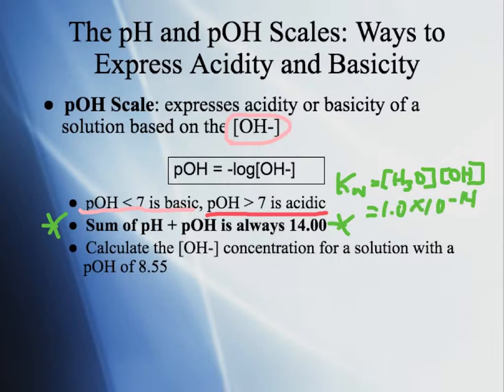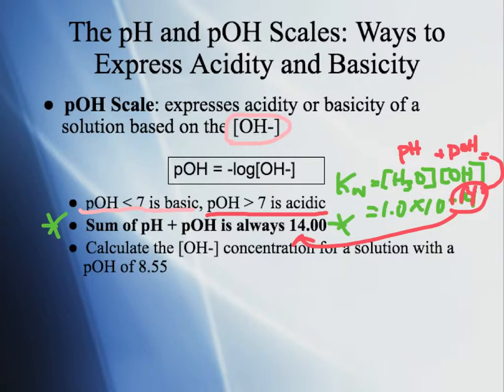Well, this 14 is coincidentally right there. So if we have our pH plus our pOH, it's going to equal 14. So we can keep that in mind, and we can easily convert from pH to pOH by just doing 14 minus the other, and we get our pH or pOH.